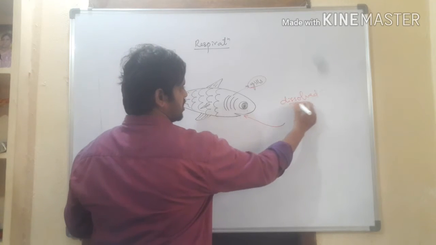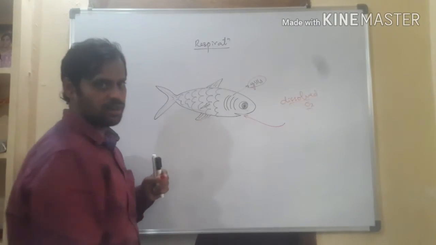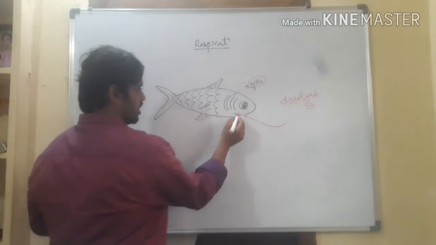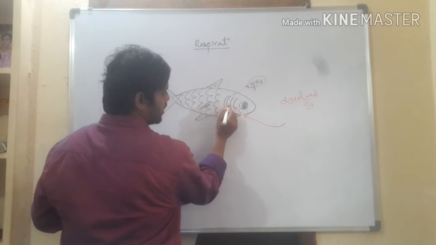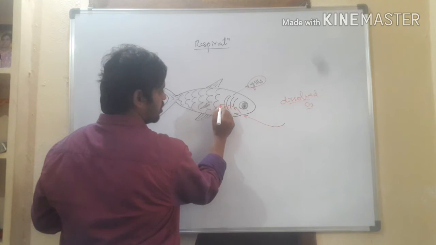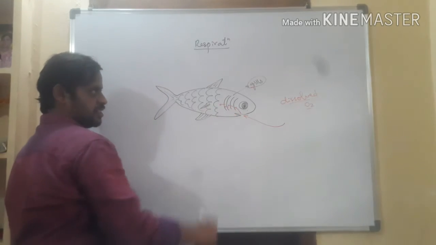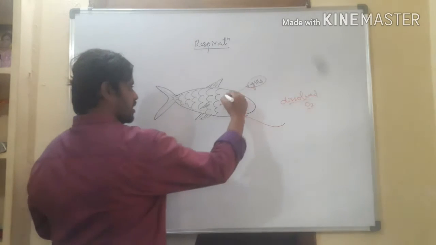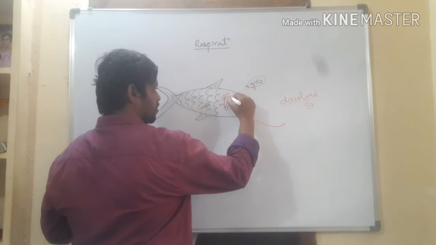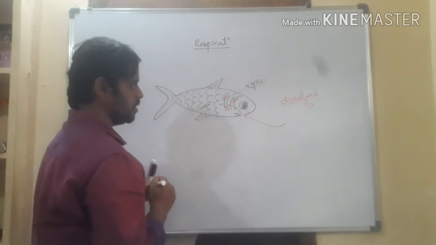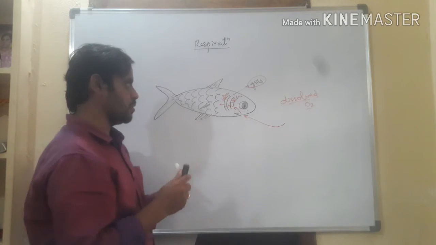Dissolved oxygen enters into the mouth, mouth to oral cavity, oral cavity to the gills. At the gills there is hemoglobin which is ready with CO2.